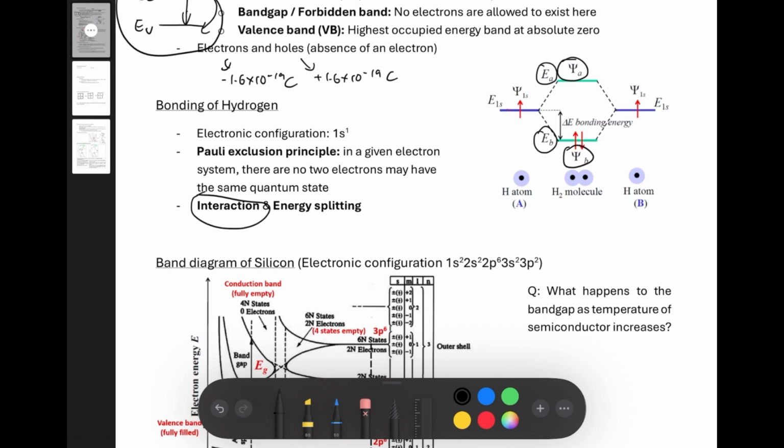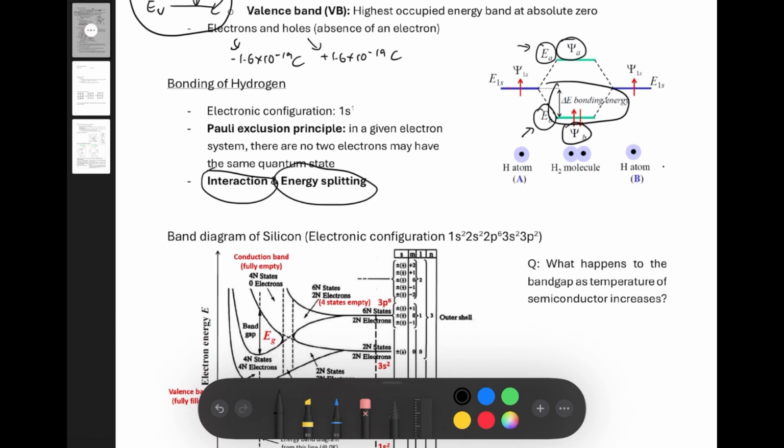This is the bonding energy and this is the so-called anti-bonding energy, and you can see the delta E here. The formation of this EA and EB is called energy splitting. So that's how two hydrogen atoms interact once they approach each other.